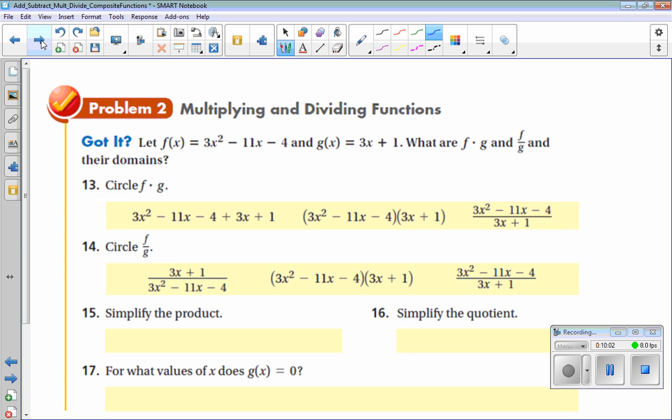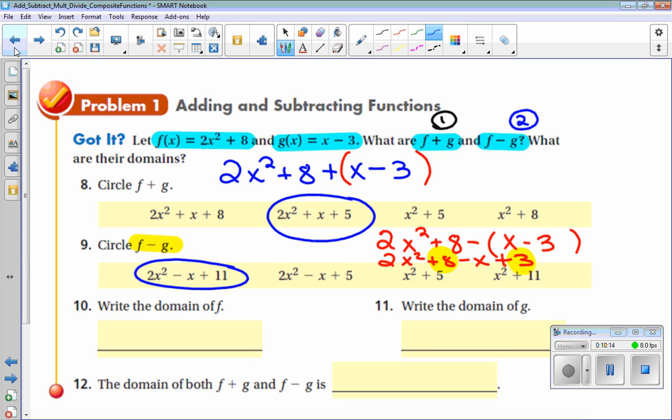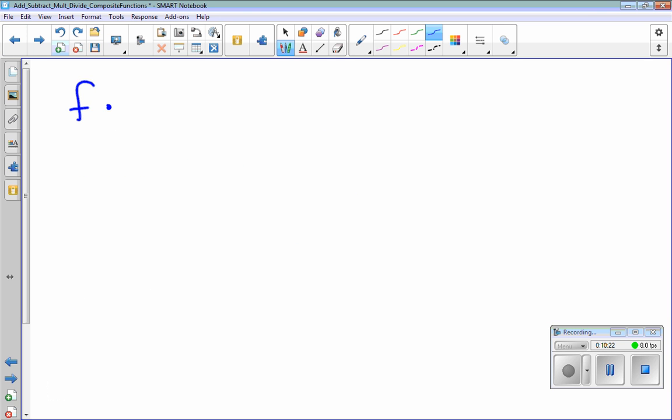When we multiply and divide, it's really not that hard. It's just a matter of notation. So again, let's deal with the same ones, since you already had these written down, so you don't have to add more notes. Let's do f times g. This is normally how it's written.